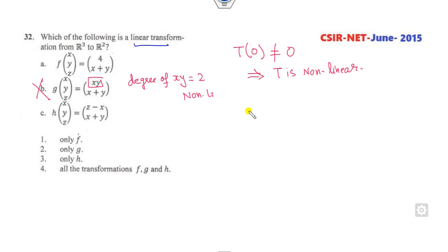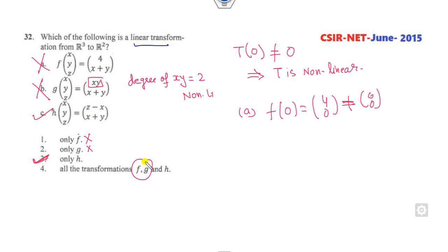For the first option, what is f(0, 0, 0)? It's (4, 0), which is not equal to (0, 0), so this is non-linear. So only one is the correct option, because if you substitute here, only H is the right answer. F is cancelled, G is cancelled, all are cancelled. So the right answer is only C.